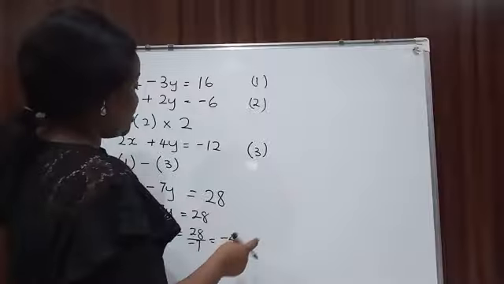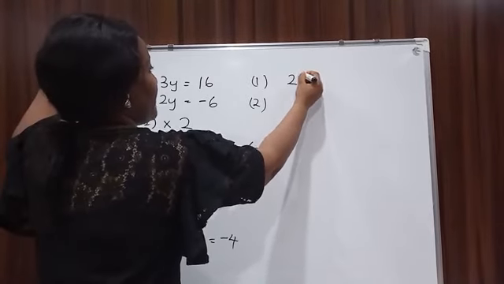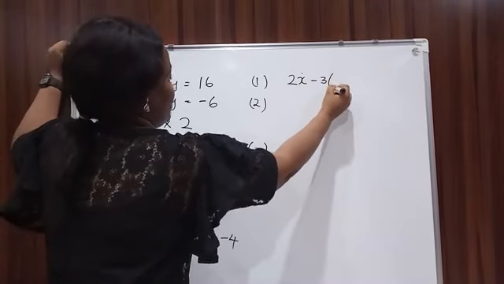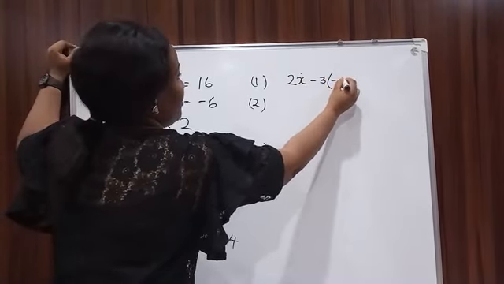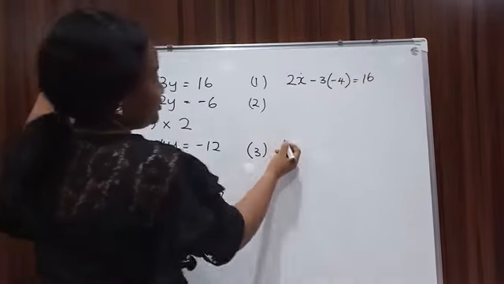We substitute the y back into the equation. Let's say equation 1. We have 2x minus 3 brackets minus 4 equals 16.